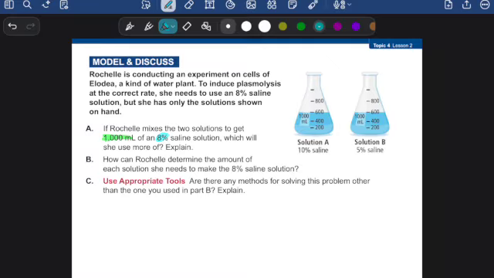For part B, how can we determine how many milliliters of each? Well, we're going to use two linear equations. Let's say that x represents the amount of the 10% solution, and let's say y represents the amount of 5% solution.